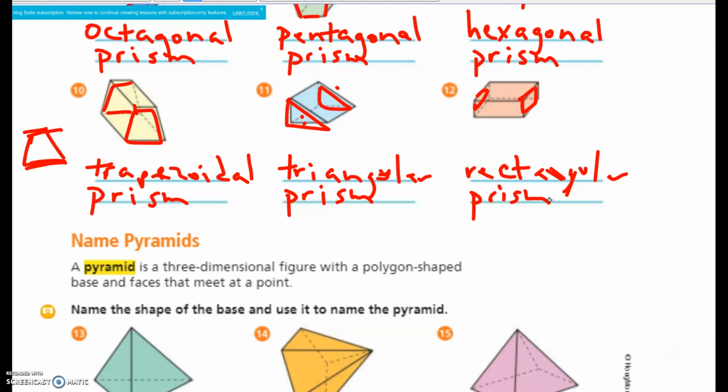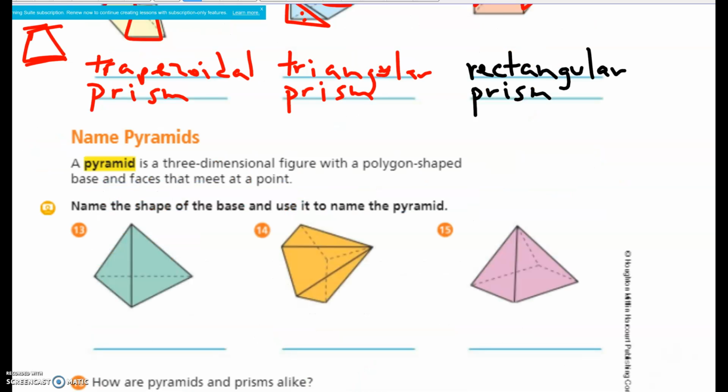All right, I'm going to pause for a moment and see if I can figure out this pen. All right, I went back and wrote this in black, but I have a feeling I have worn the tip down on my pen. So until I can get back into school and get a new pen, we're going to have to deal with my sloppy handwriting. This is a rectangular prism. That's how you'd spell that.